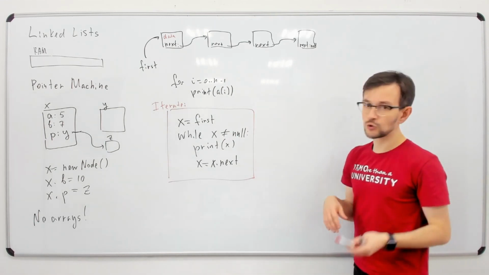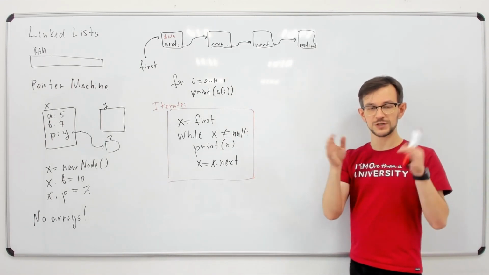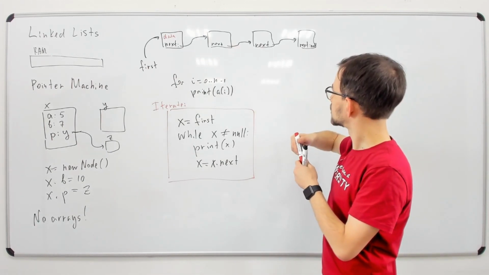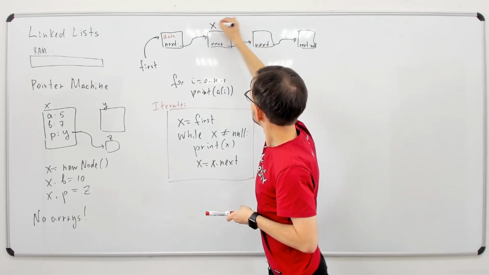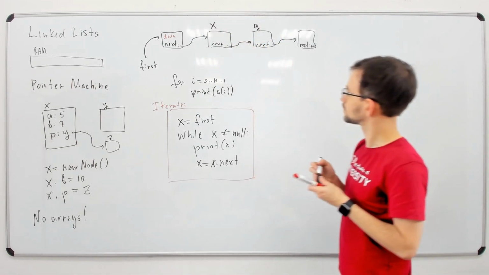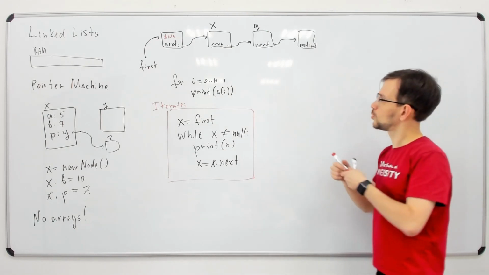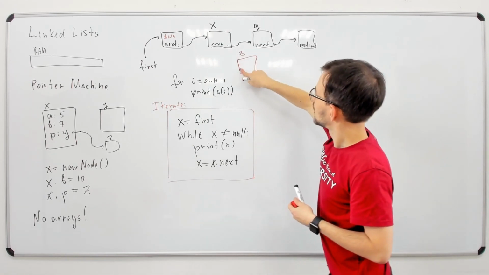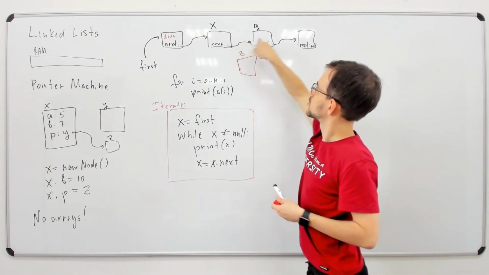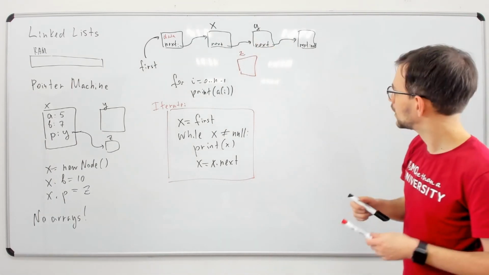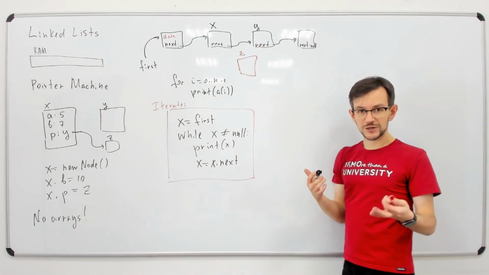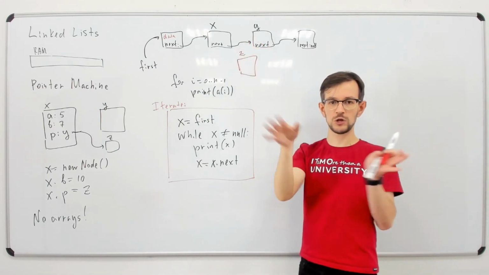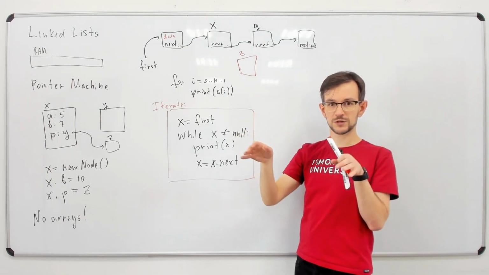For example, if you want to insert a new element between two existing elements, let's say we have element X and element Y, and we want to insert a new element Z between these two elements. When you have arrays, you cannot do it fast, because if you insert a new element in the middle of the array, you need to shift all the elements to the right.